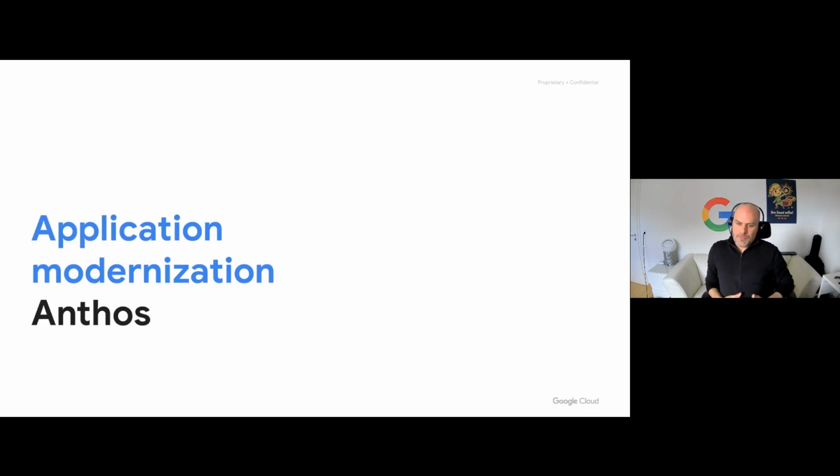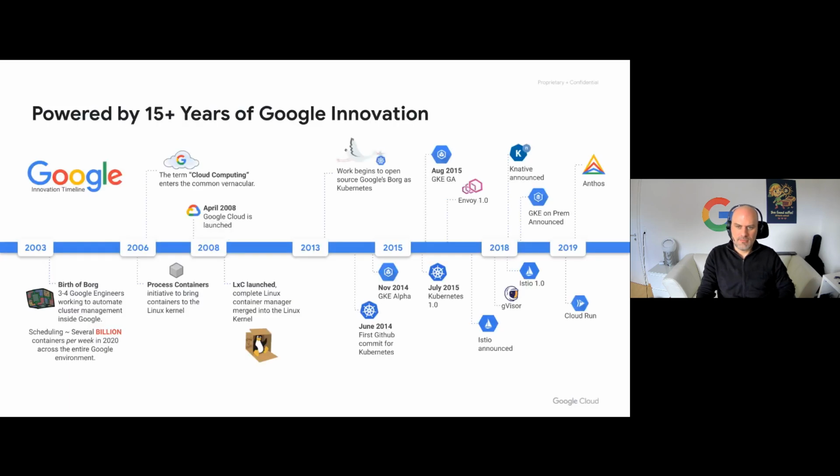My first part would be the application modernization, and we have a solution called Anthos. Anthos is an evolution of many, many years of Google innovation and Google experience. So back in 2003, Google was a pretty young company at that time, but was growing heavily already.